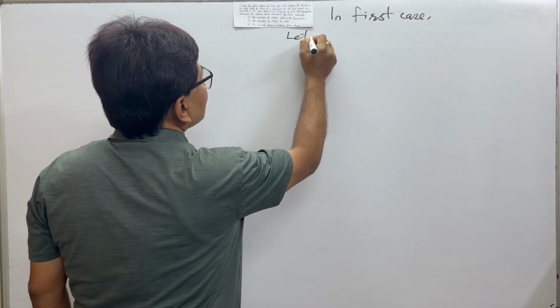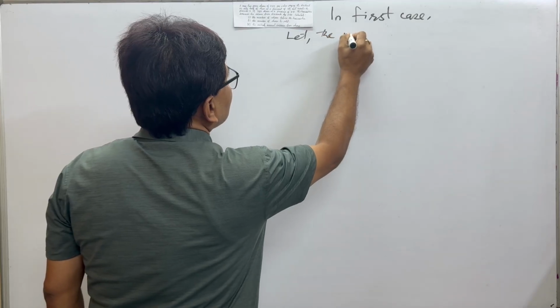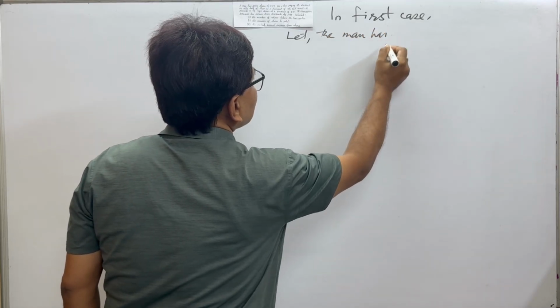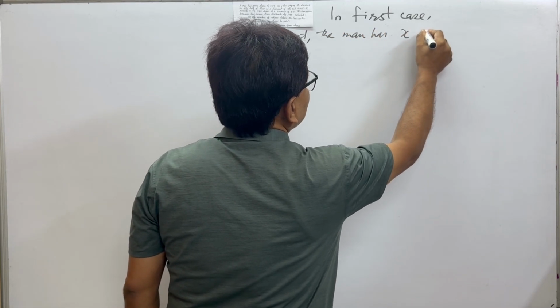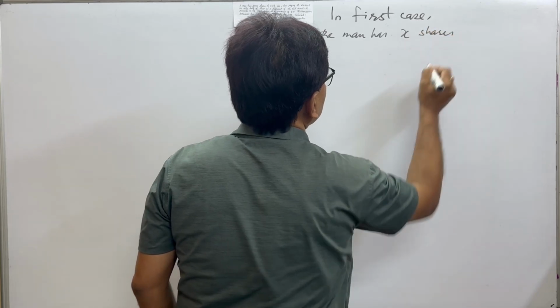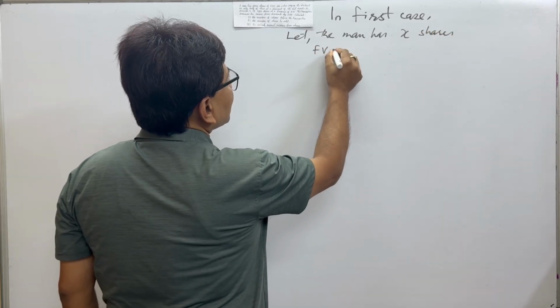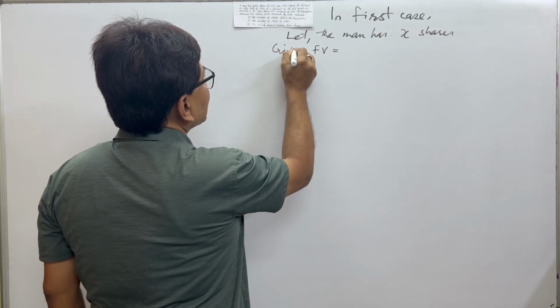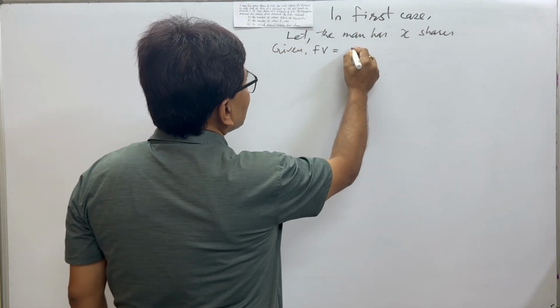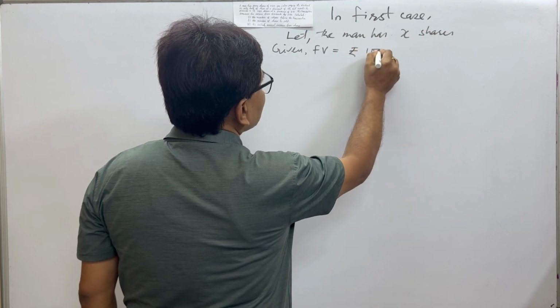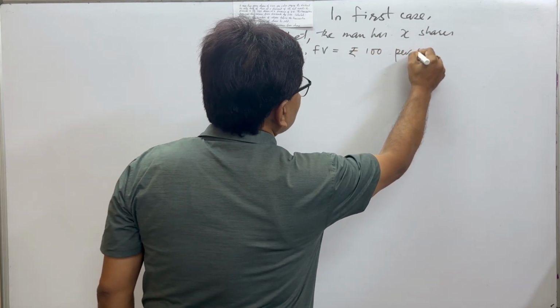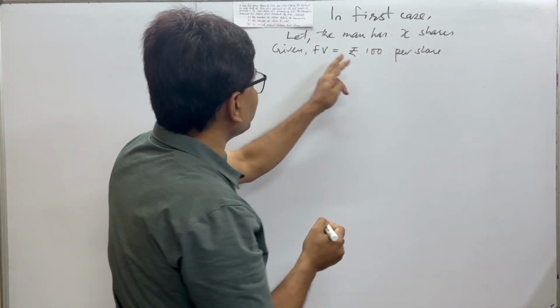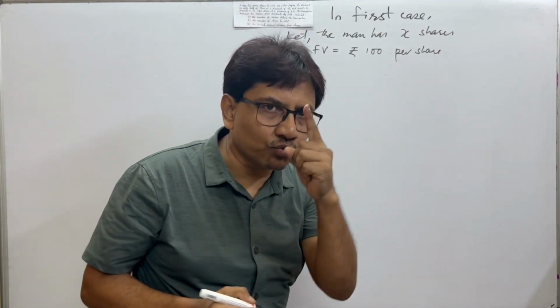Let the man have X shares. FV, given, equals rupees 100 per share. This is not PAR, this is PER, that means one share.